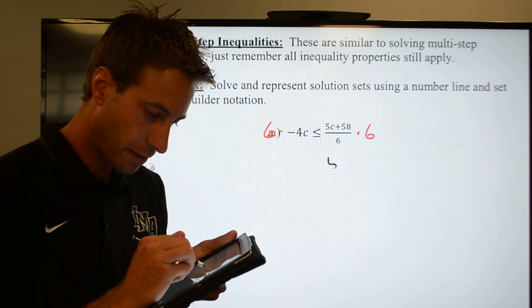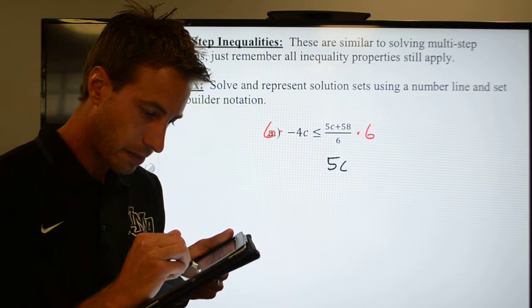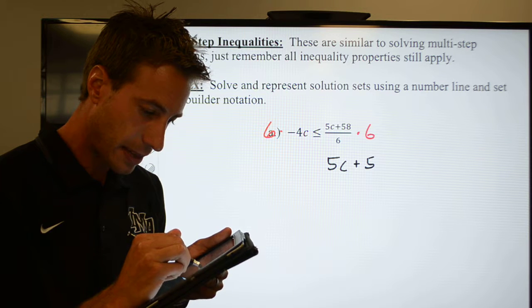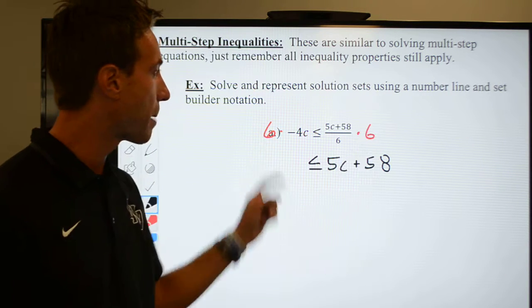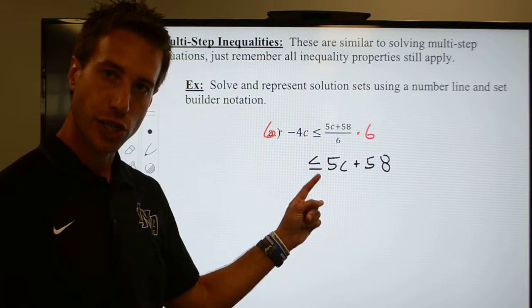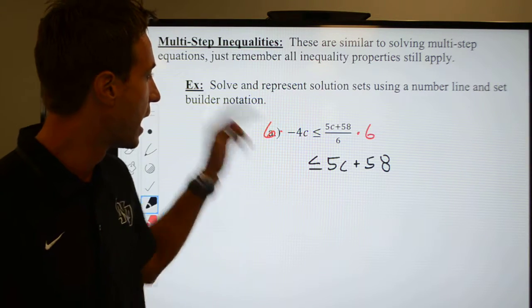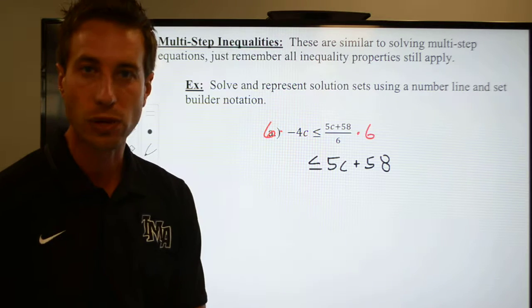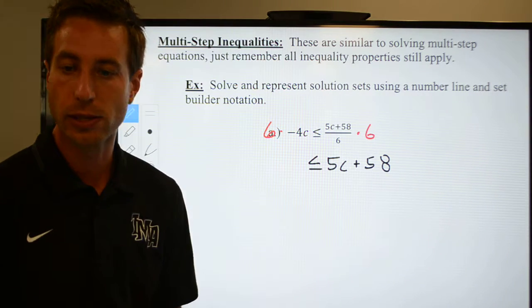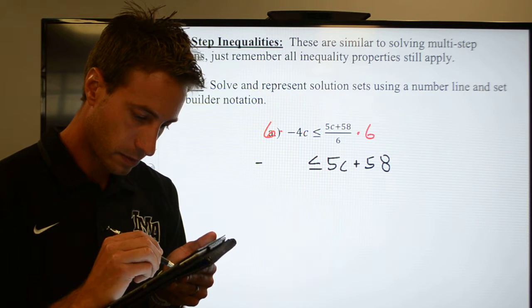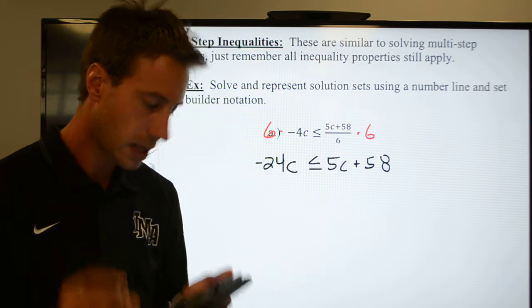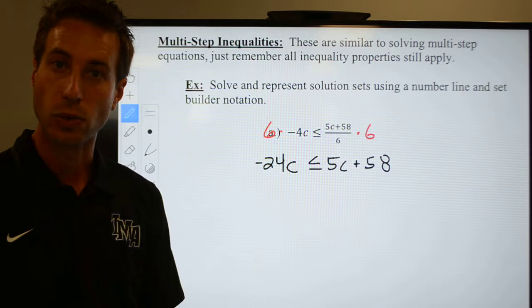That leaves me with 5c plus 58. And since I'm multiplying by a positive number, it will not change the direction of my inequality. I will simply have negative 4c times 6, which is a minus 24, and I keep my variable, minus 24c.